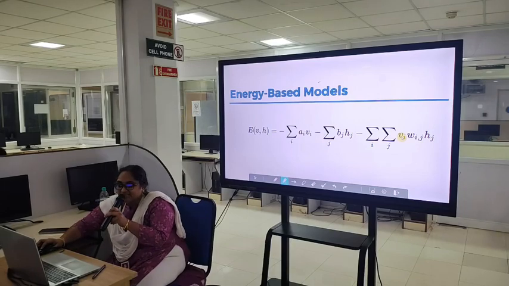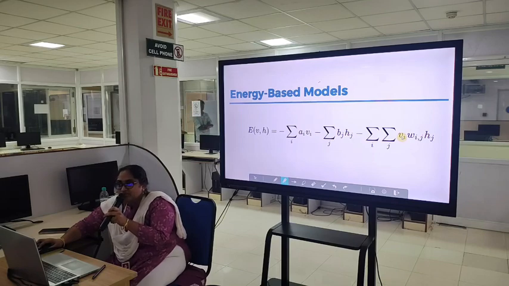So the energy is a combination of the input and the hidden layers, which is given as minus sigma over i of a_i v_i, minus sigma over j of b_j h_j, minus sigma over i and j of v_i w_ij h_j.